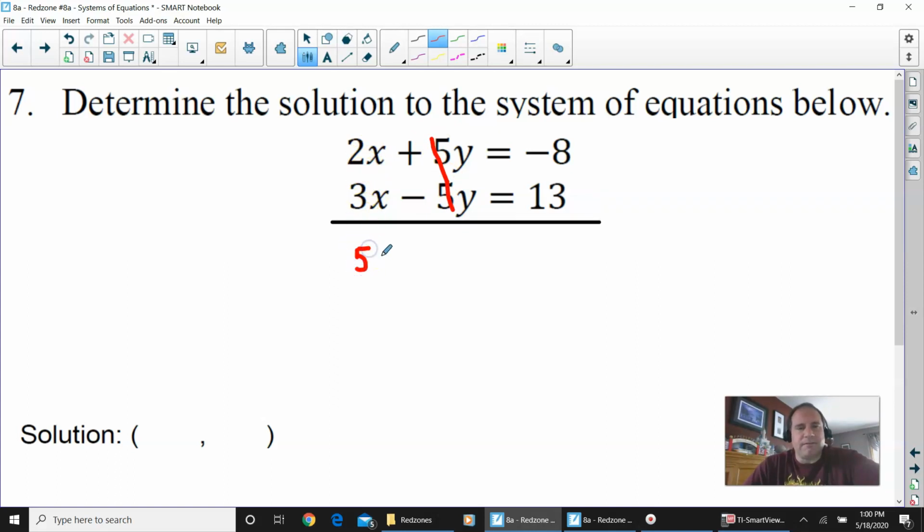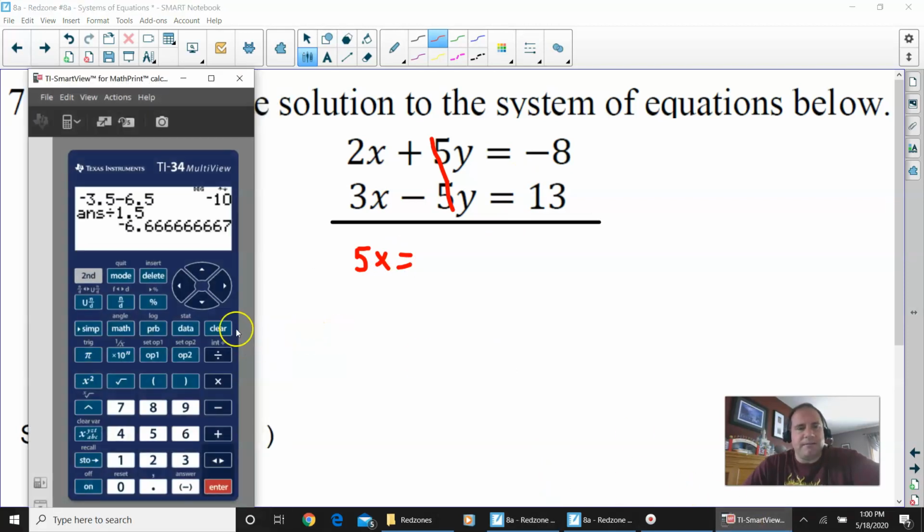So go along and please show all of this work. You have -8 plus 13. I'm going to put that in the calculator because, again, I don't want to make a mistake on something like that. I'm going to start it over again, -8 plus 13. And I have a 5. So that's okay.